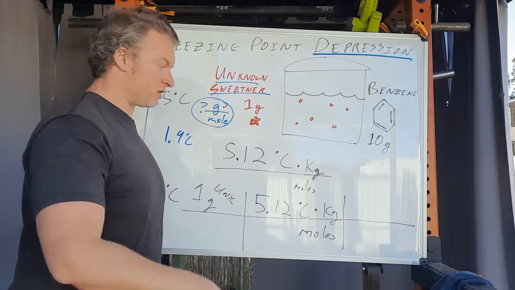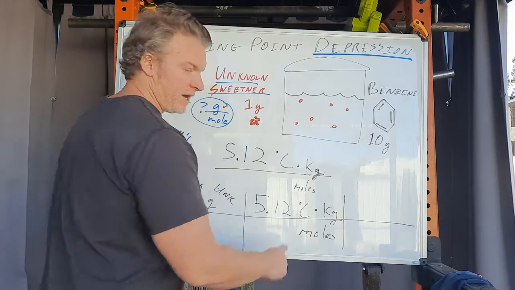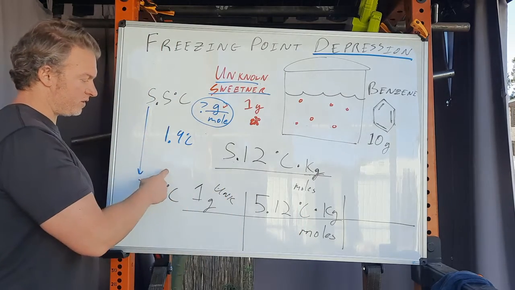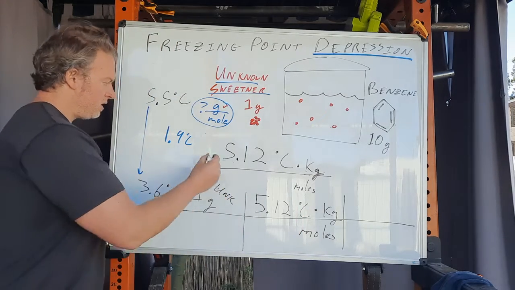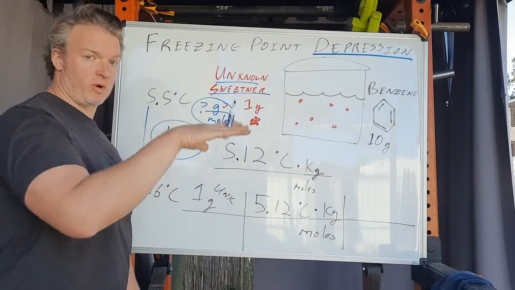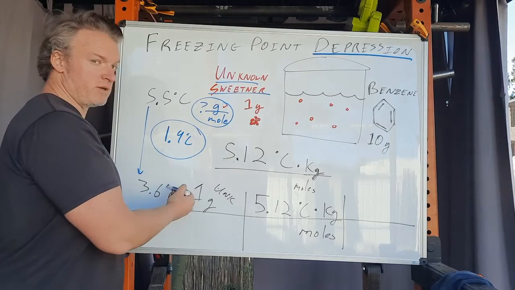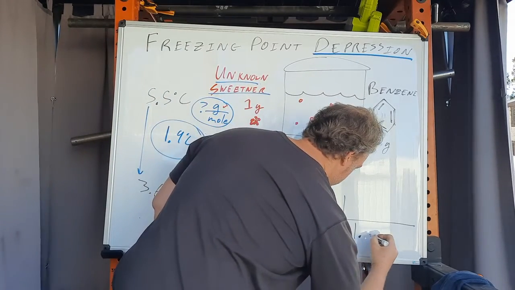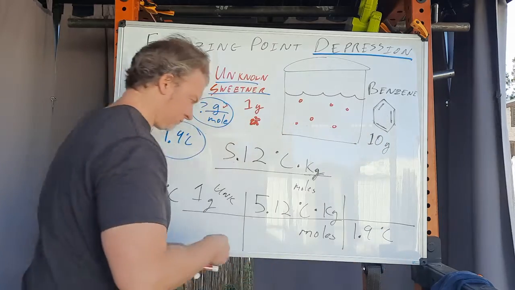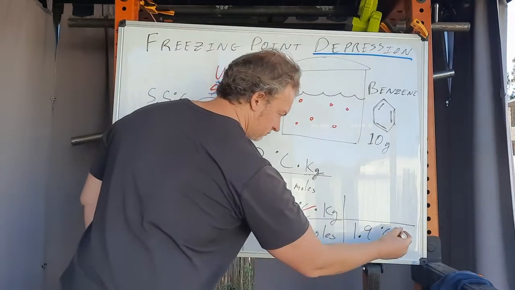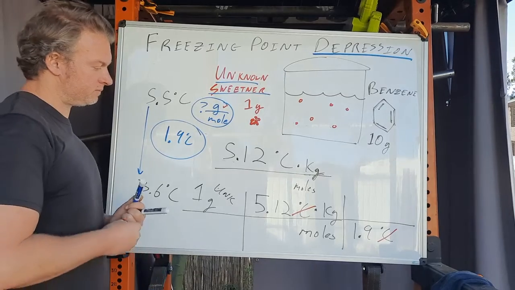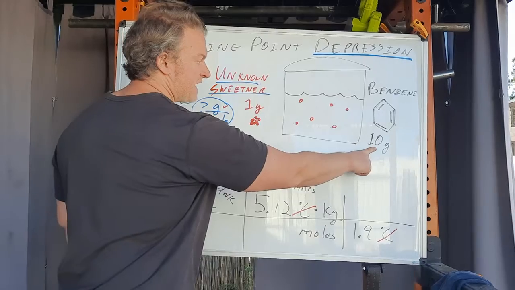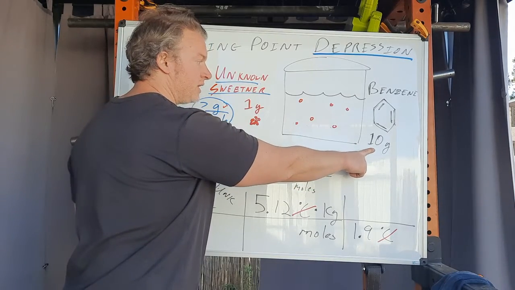Now my task has turned to canceling these units out. I need to cancel out degrees Celsius. And I have the degrees Celsius that the freezing point was depressed by, the experimentally observed number. Now that unit's canceled. The kilograms of solvent. 10 grams of benzene is our solvent.